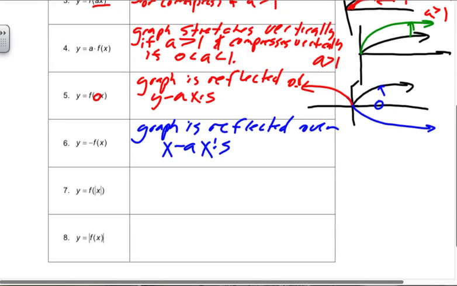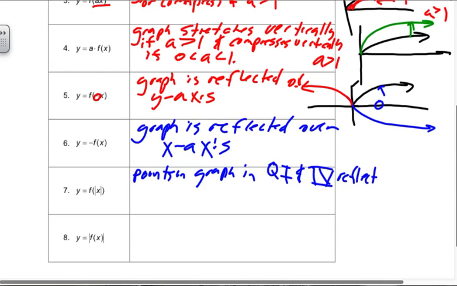All right, now let's deal with absolute value. Okay, points in the graph that are in quadrants 1 and 4 are reflected across the y-axis.